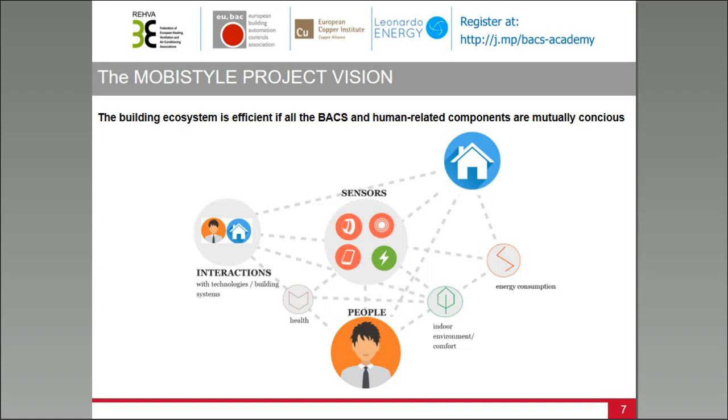What we like to say many times is that the building ecosystem is efficient if all the building automation systems and the human-related components are mutually conscious. This means that not only the occupants need to know the building, but the building needs to know the occupants and learn from them. So it's a two-way communication system that needs to be defined and connected.